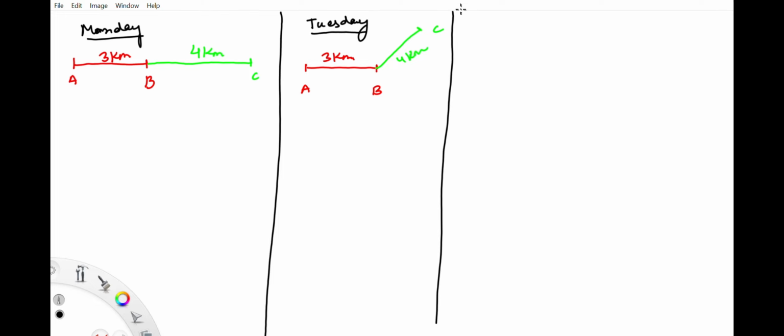Now let us have a look at Wednesday. Now this person has undergone some transformation, and this person has plugged in some confidence to take a perfect perpendicular 90-degree turn. So this angle is 90 degrees, and again the path length between points B and C is also 4 kilometers.